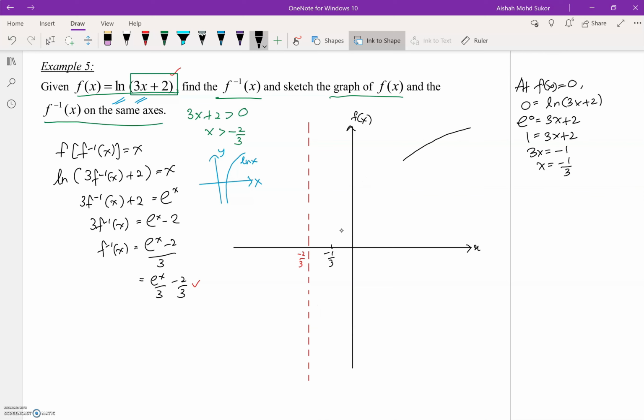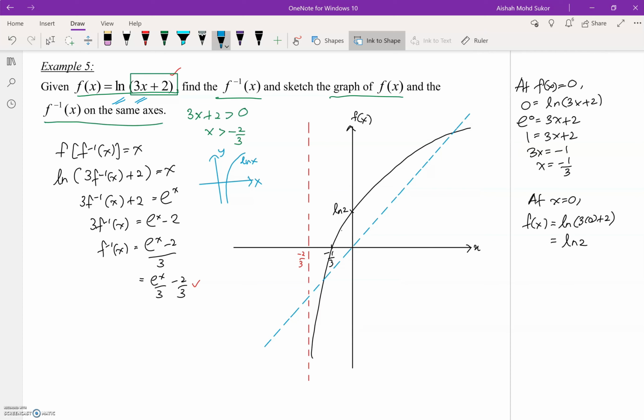So basically this is your graph. To get the y-intercept, at x equal to 0, f(x) will be equal to ln(3 times 0 plus 2). So you have here ln 2. This is ln 2.